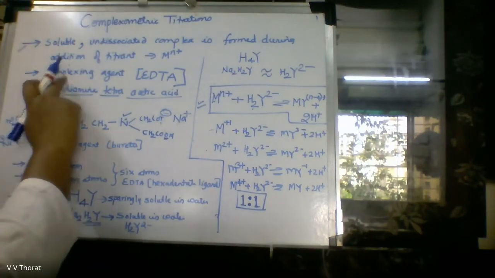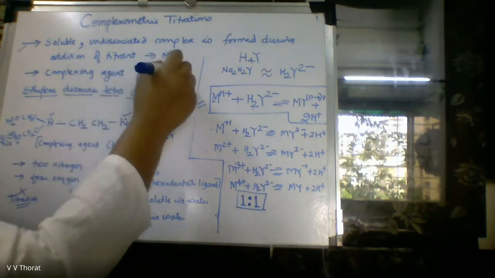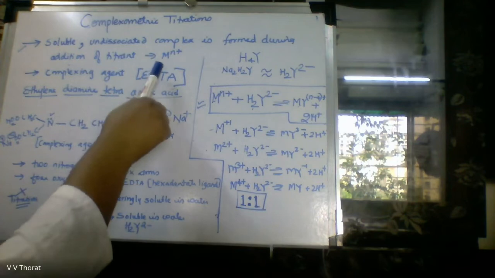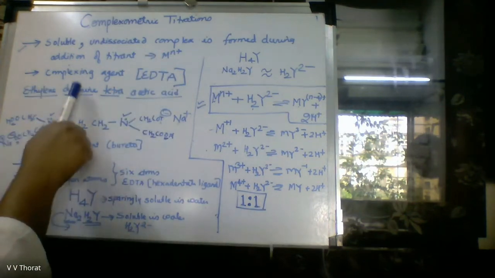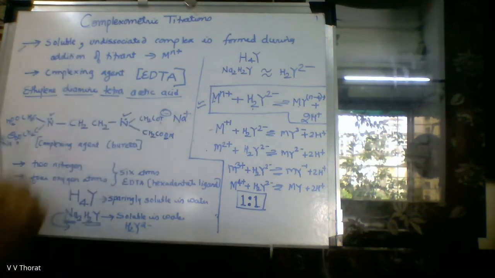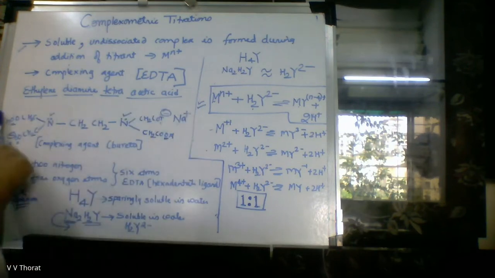In the burette, we will take a complexing agent. Most commonly used complexing agent is EDTA. What is the full form? Ethylene diamine tetraacetic acid. The formula of ethylene diamine tetraacetic acid I have shown over here.